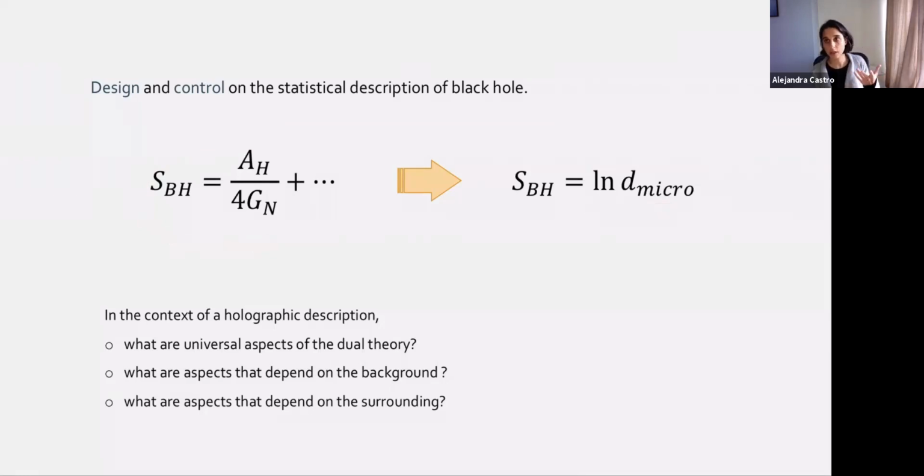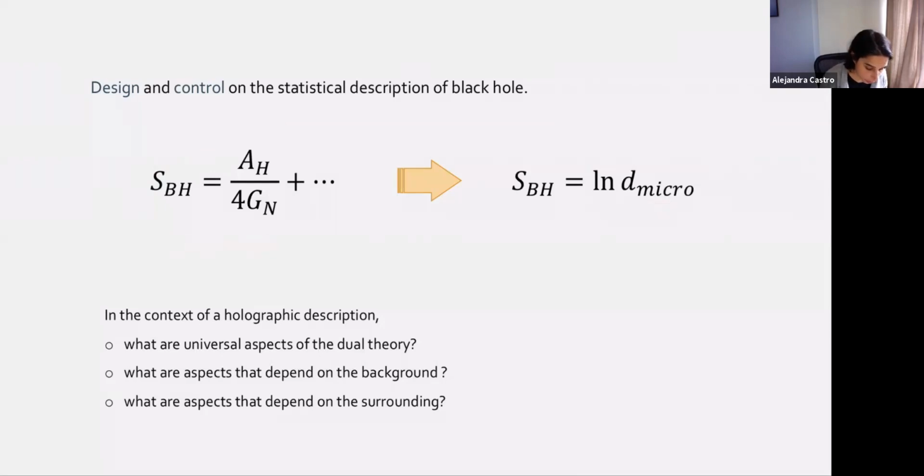Okay, so I don't have to say much more in this type of audience, but the type of questions motivating this work and what I'm going to discuss today is that in a holographic setup, where we're supposed to have the tools to build this statistical description, there's a few questions that are important to emphasize.